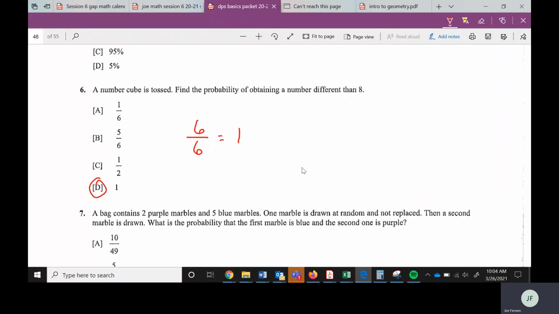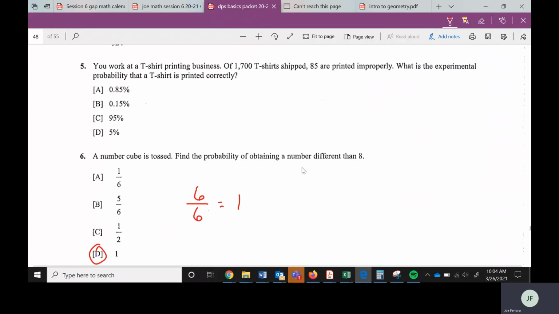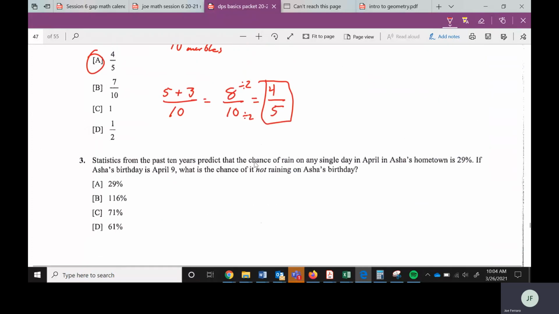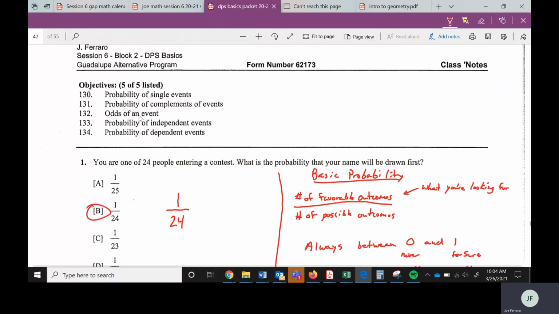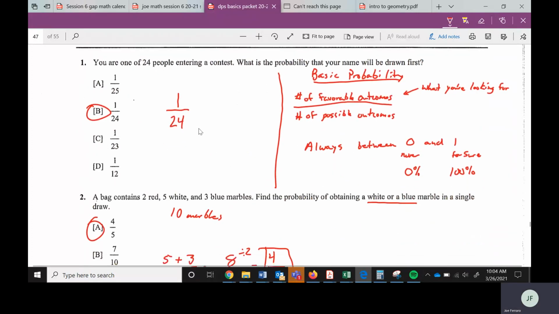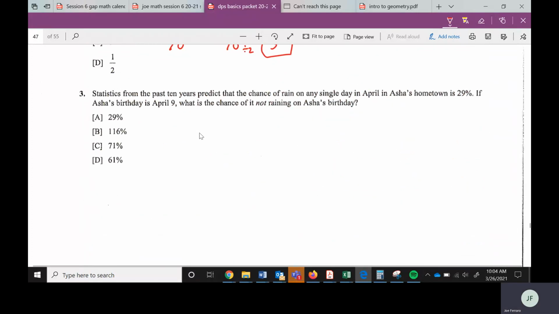Okay. All right, we're going to go back to the first page. Now we're going to be looking at this objective here, probability of complement events. So complement events, it's basically the opposite of the event happening.